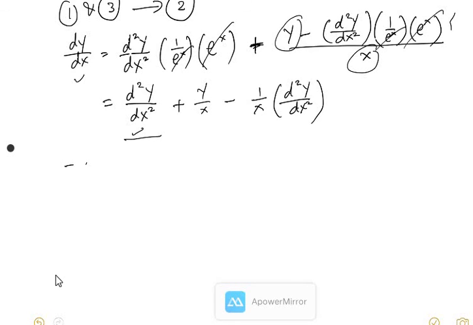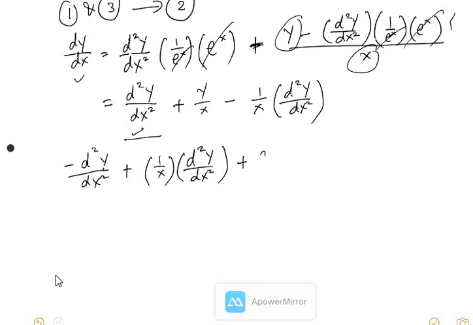So you have d square y over dx square, and then plus with 1 over x d square y over dx square plus with dy over dx minus y over x equal to 0.